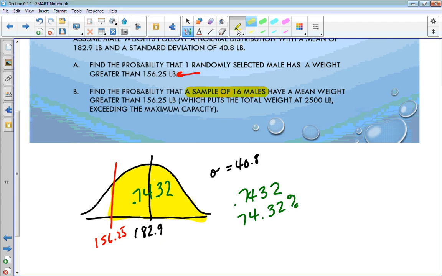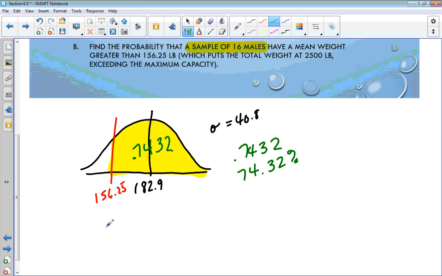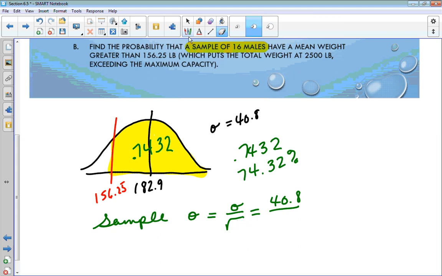So the thing that we have to do is we know that the mean is going to stay the same of 182.9, but what's different is a sample standard deviation, which is equal to the standard deviation divided by the square root of the number of people in our sample, n. So of course our standard deviation is 40.8, and the square root of 16.